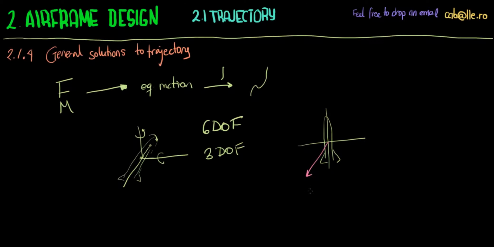So it can rotate about the z-axis, and it can move in x and y. So this would be 3 degrees of freedom. It does simplify quite a lot, and we could decouple the 3 equations. So yes, it simplifies, but it's not as general as 6 degrees of freedom.